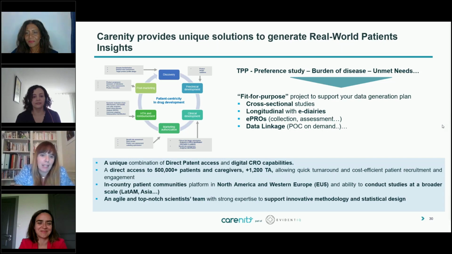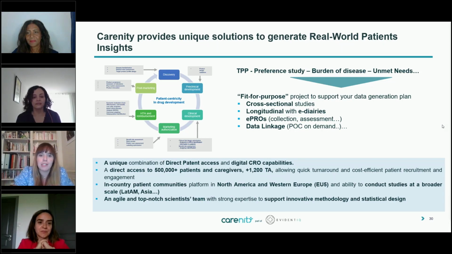Carenity is a provider of patient insight from a real-world setting. Unlike other RWE providers, Carenity is not stepping into existing data sets. Instead, Carenity is able to define the best specific project with the appropriate methodology to answer its partner's objectives.